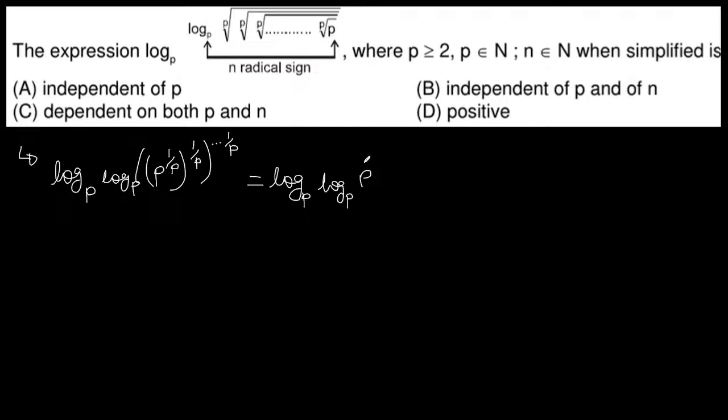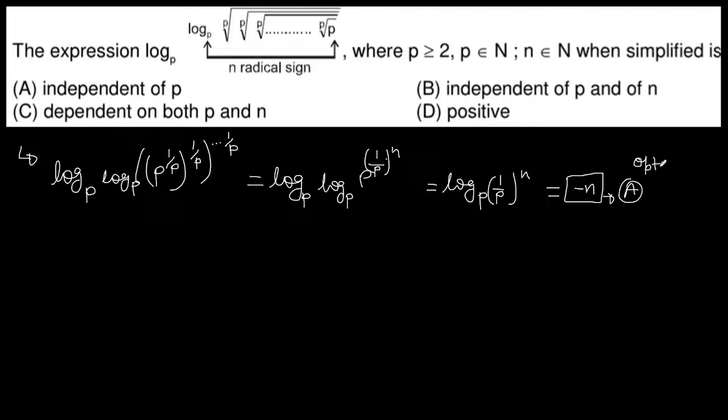So it is 1 by p to the power n. So from here we'll get log base p of 1 by p to the power n, and it will be minus n. So independent of p, option A. Independent of p and of n? No, dependent on p and both positive. So only one answer is correct, A.